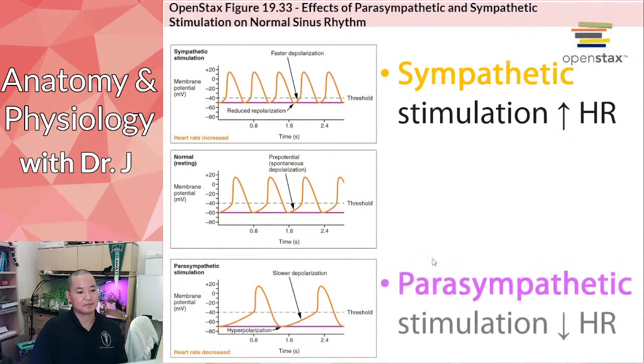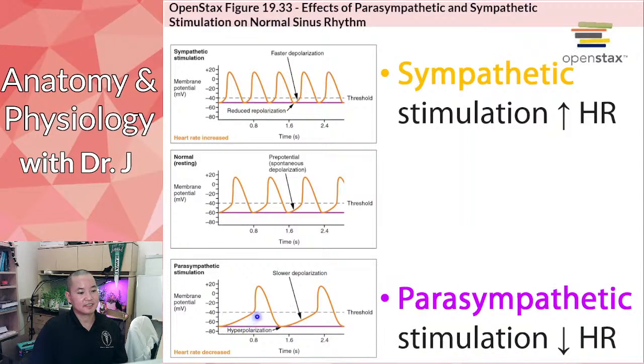But with parasympathetic, notice that now it takes a longer time to get to threshold. So now notice that there are fewer action potentials in the same amount of time compared to the previous examples. So this is why sympathetic activity is going to increase your heart rate, and parasympathetic is going to decrease the heart rate. It's all by modulating the activity of that SA node.